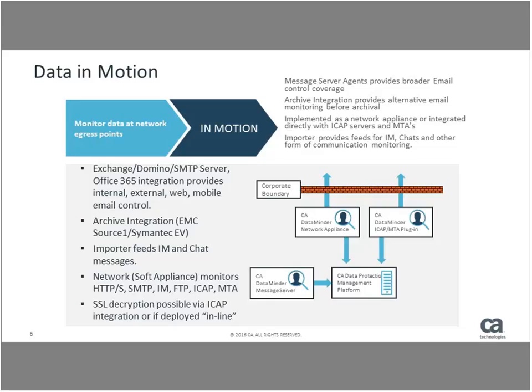Starting with email, we have support for Exchange, Domino, SMTP, and we recently came up with the Office 365 integration where emails from Office 365 can be monitored. It is a lightweight agent that is deployed at the email server.